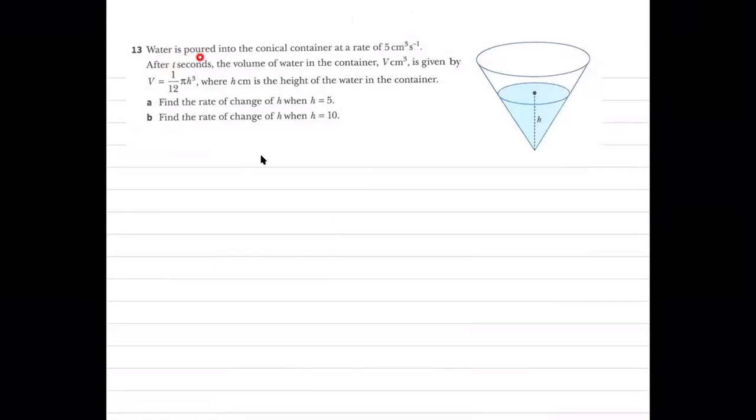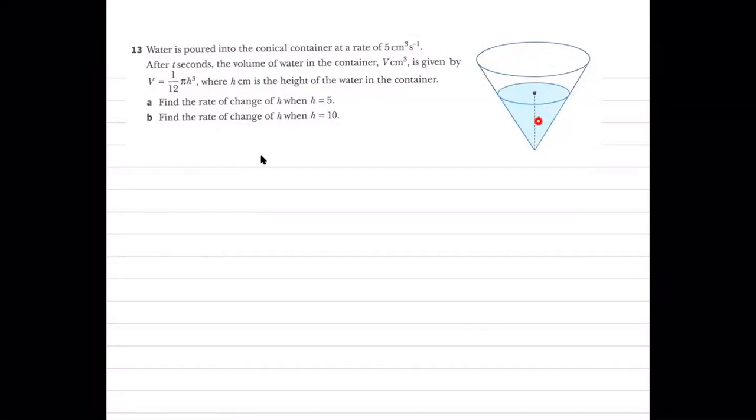This question says that water is poured into the conical container at a rate of 5 centimeter cube per second. After t seconds, the volume of the water in the container is given by 1 upon 12 pi h cube, where h centimeter is the height of the water in the container. Now try to visualize this application.